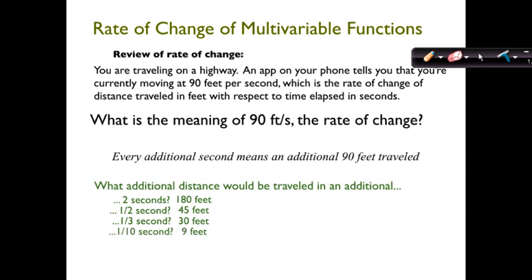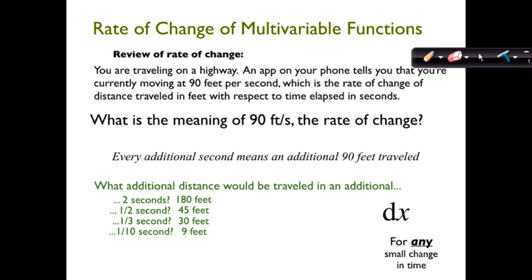So you know a lot more than just every second that goes by, you go 90 feet. You know how far you go in any change of time, okay? So that's what we mean by dx. Any change in time that goes by, you know how far you would go. How far would you go in any change of time? Or how much would your change in distance be in any change of time?